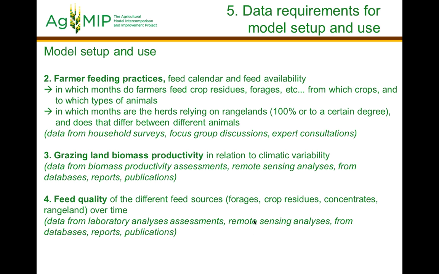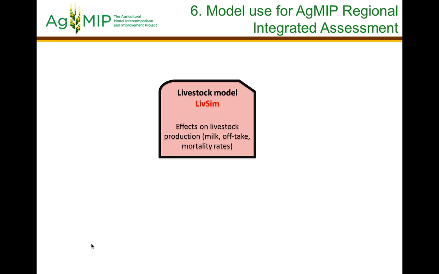If you just take the grazing lands, in the rainy season, the quality will be much higher than in the dry season, for example. And so that is data that comes from laboratory analyses, not from remote sensing analysis. That is wrong, and that's something you can find in databases, again, reports, publications.